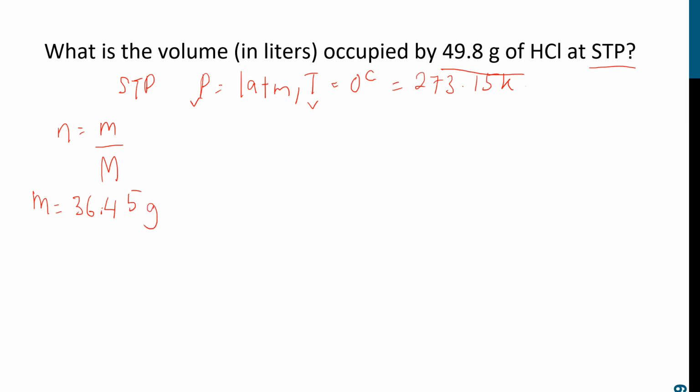Okay, so we put it into the formula. n equals 49.8 gram over 36.45 gram. So you will get 1.37 moles of HCl.